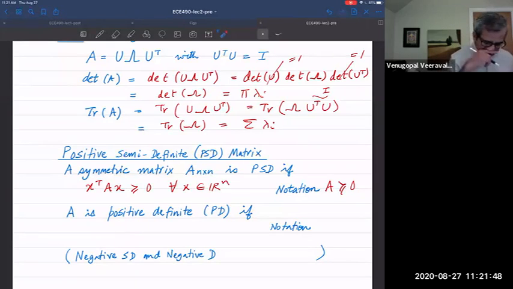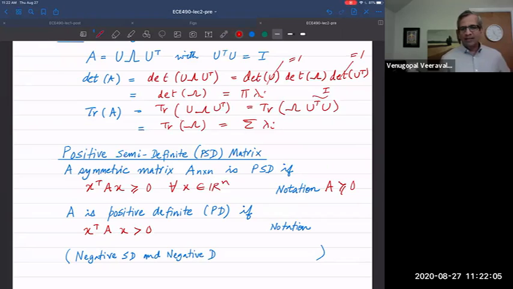What about a positive definite matrix? A positive definite matrix, basically this inequality has to be strict. Okay, but of course the inequality, it would equal 0 when X is 0. So this is strict only for all X not equal to 0 that belong to Rn.